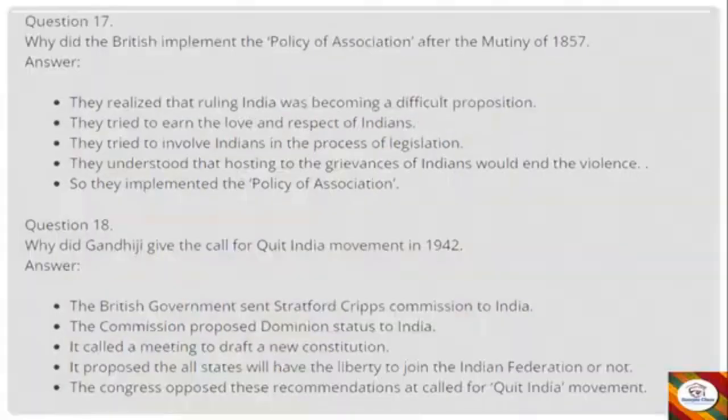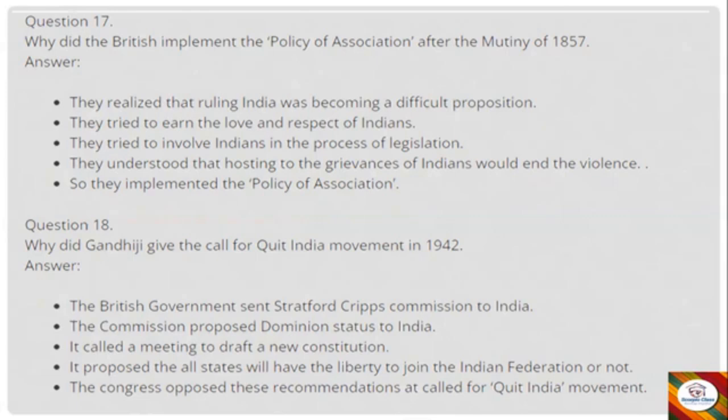Next question. Why did the British implement the policy of association after the mutiny of 1857? Answer, they implemented this policy because they realized that ruling India was becoming a difficult proposition. Second point, they tried to earn the love and respect of Indians.